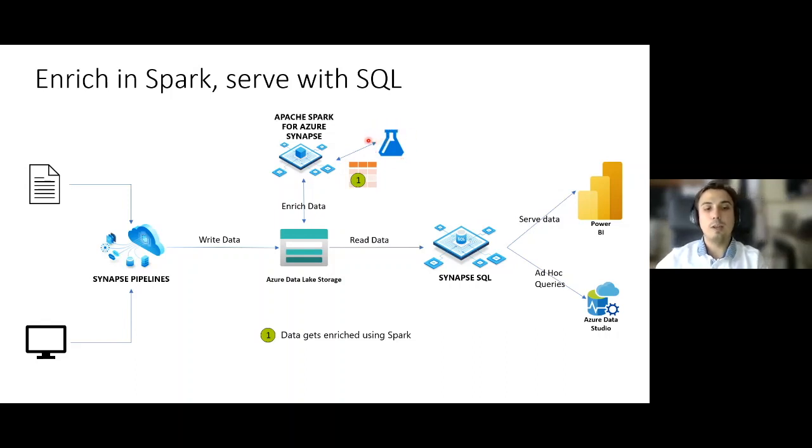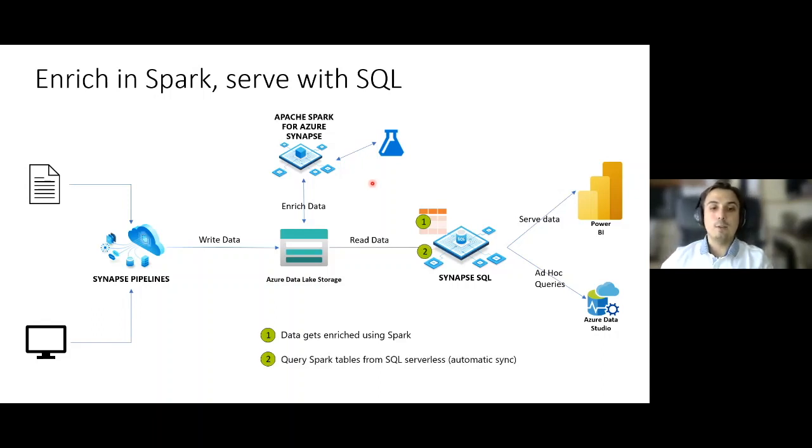And when you enrich the data using Spark, transform it or do some big heavy stuff on it, thanks to the automatic sync between Spark and serverless SQL, these tables are getting synced, but only the data definitions, so you can actually utilize that from serverless.